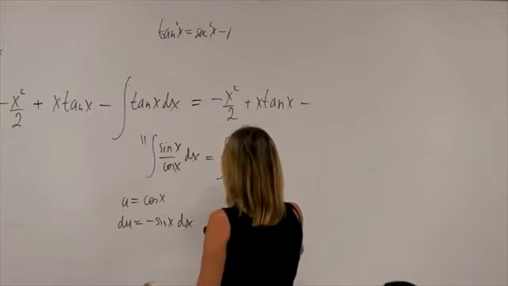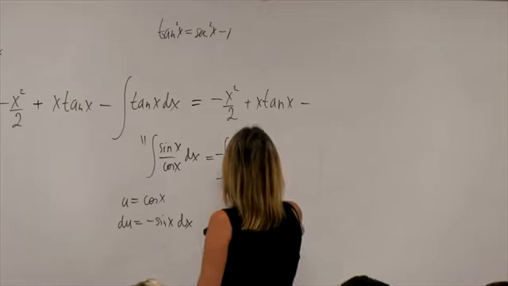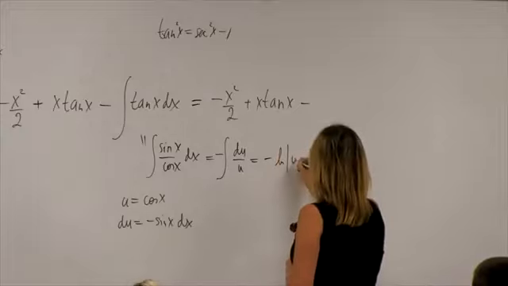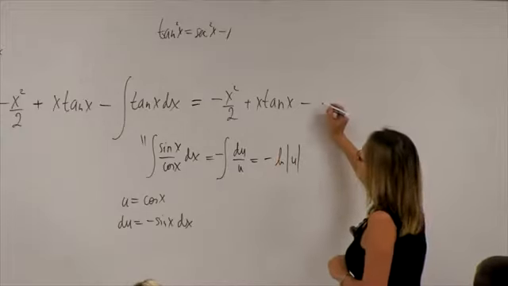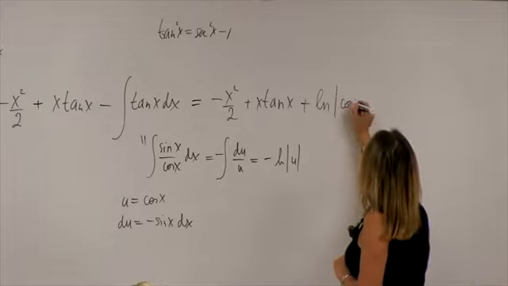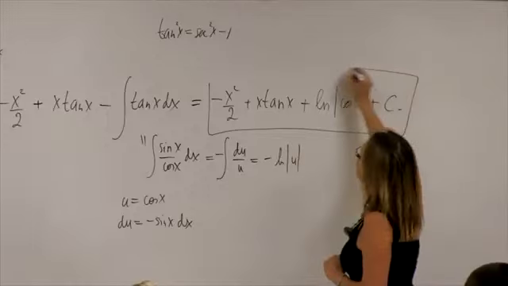So this guy gives me minus du over u, minus log u. Okay, so this is minus log of cos x, so plus log of cos x plus c. So now I'm done. This is the answer.